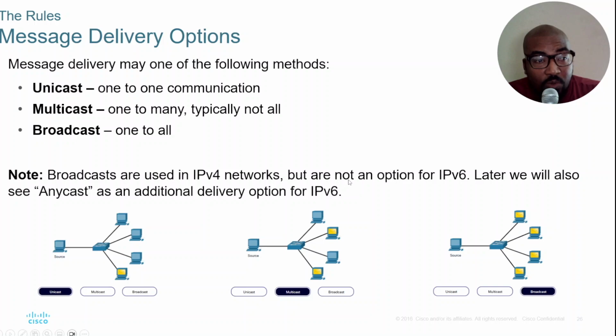Unicast is one-to-one communication between you and one other person. A multicast is one-to-many. Typically not all, just one-to-many. Like you're only trying to talk to a certain amount of people. A broadcast is, hello, everybody, I'm here. Can everybody hear me? I'm broadcasting to the world that I'm here. So everybody hears what's called a broadcast. So these are the different types of deliveries.